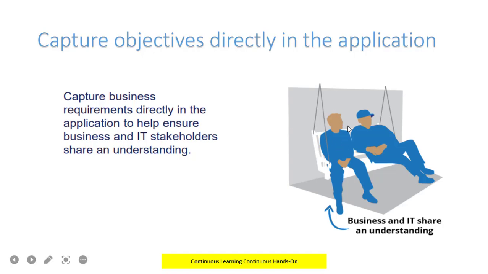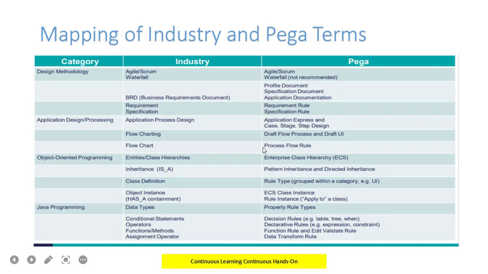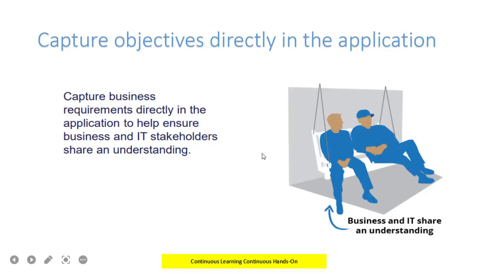In the same way, whatever the business comes with, we have to capture it correctly so that both have a mutual understanding. The business and IT, meaning the developers, teams, testers, everyone, should have a basic common mutual understanding with the business people.